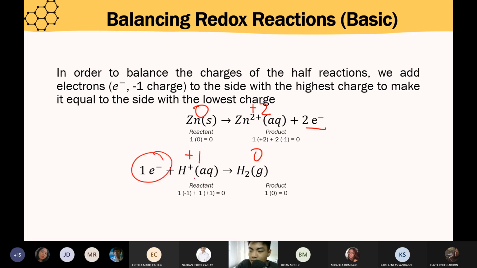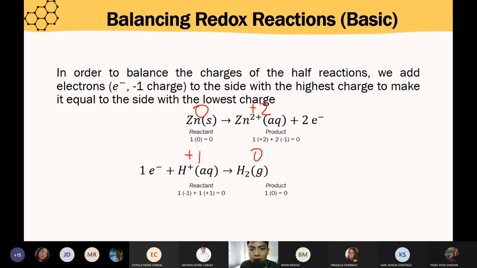Kasi ito yung malaki. So again, the idea here is that you add electron to the side with the highest charge. 0, 2, edi sa 2 ka maglagay ng electron. 1 to, 0 yon, sa 1 ka maglagay ng electron. Ilang electron? Edi kung ilan kailangan to bring down the charge. So yung 2 para maging 0, maglagay ka ng dalawang electron kasi each of them will have a negative 1 charge. So ganun. Anyway, sa Anachem pa to, pero discuss ko na ngayon.